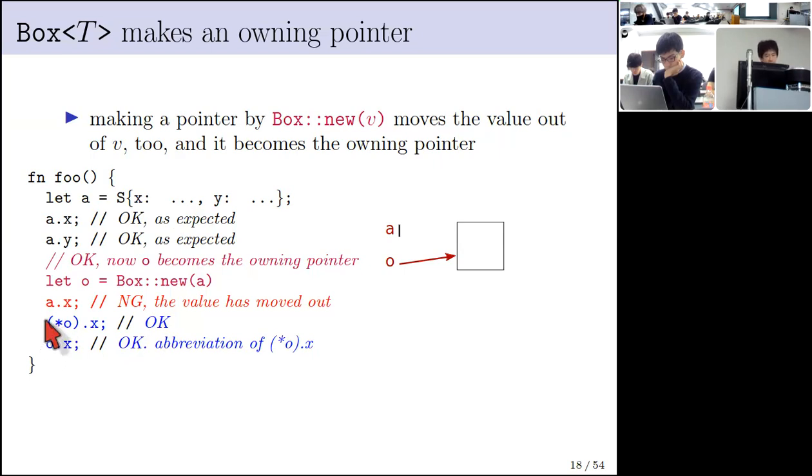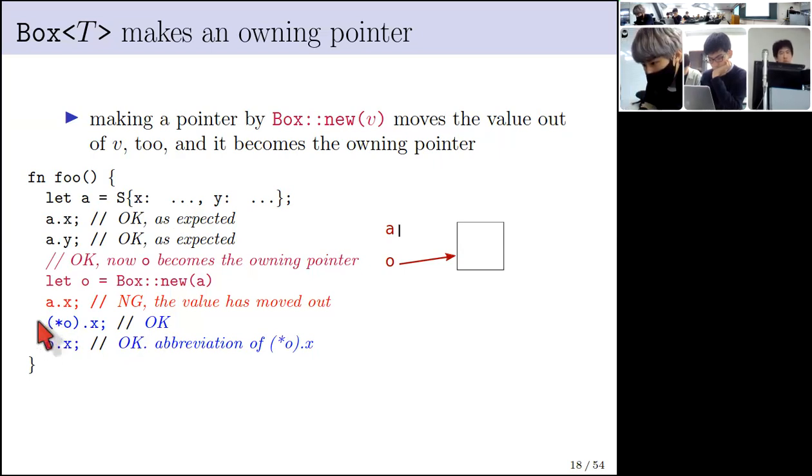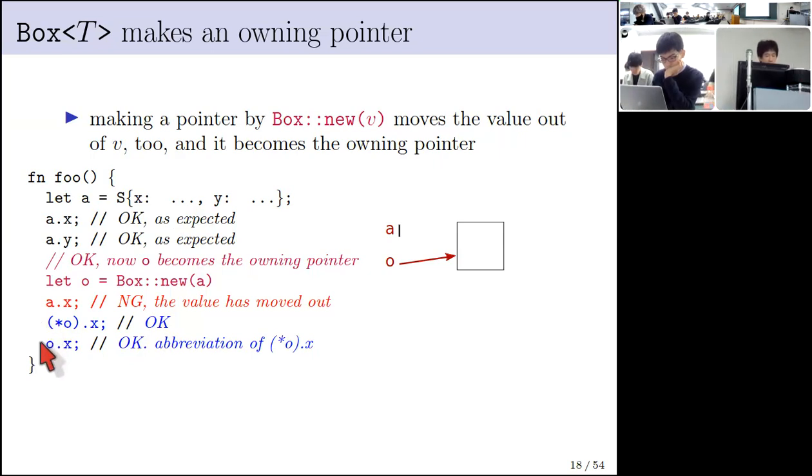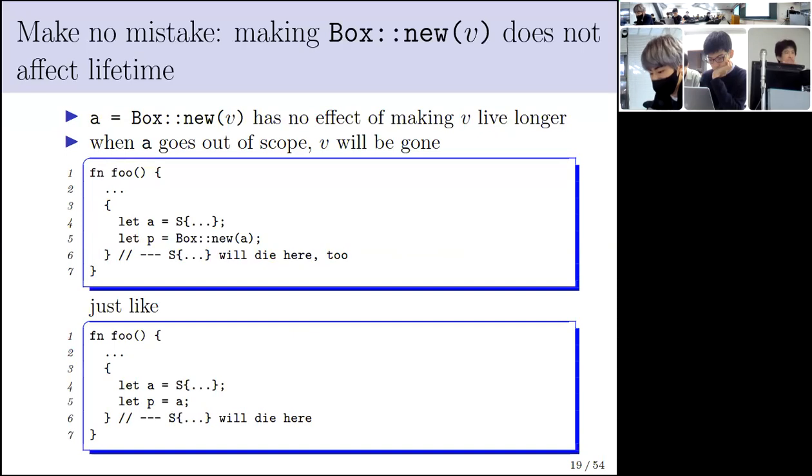This is somewhat more formal, but this is an abbreviation of this one. These differences are not very important here. But Box makes an owning pointer.